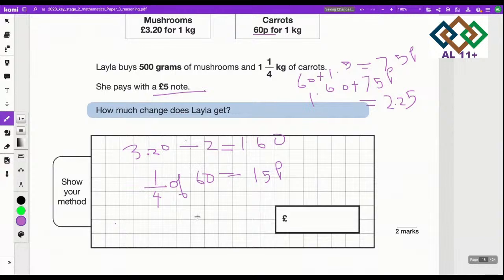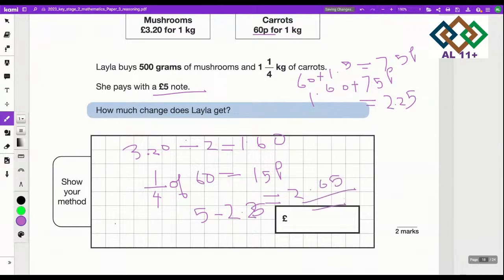And then try minusing: £5 minus 2.25. That would give you 2.75, and that's your answer. So that's the change she gets back.